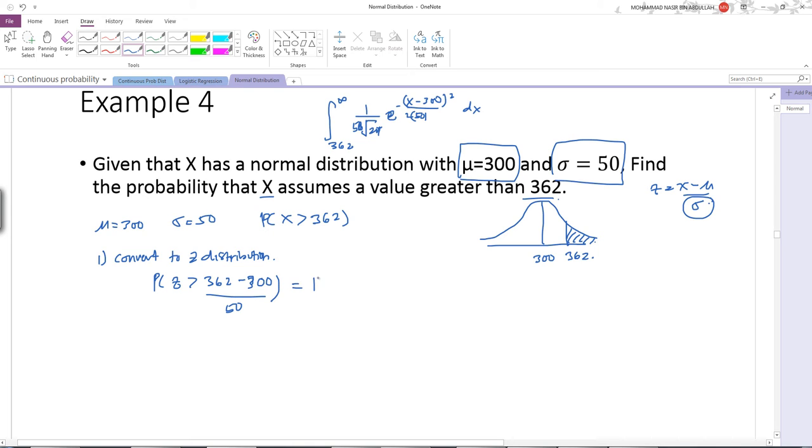So this one should be probability of Z more than 1.24. So if you are using statistical table, you will get 0.1075. If you are using calculator, this is the area of R kan? R, PQR. So you need to find R 1.24. So you will get 0.10749. Benda yang sama lah. Okay?